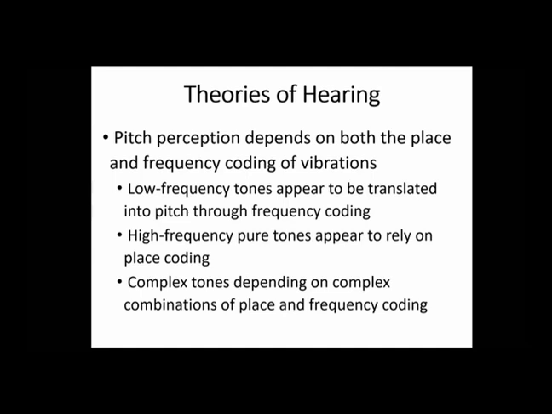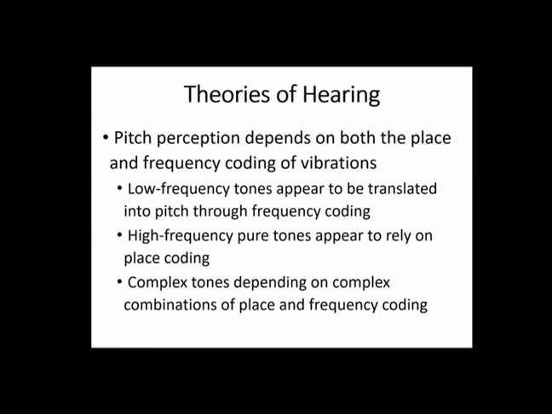And of course, that brings us to the question, okay, well, which one is it? Are we using place theory or frequency theory for pitch perception? And the answer is actually both. So we use a little bit of both. Lower frequency tones seem to be using frequency coding.